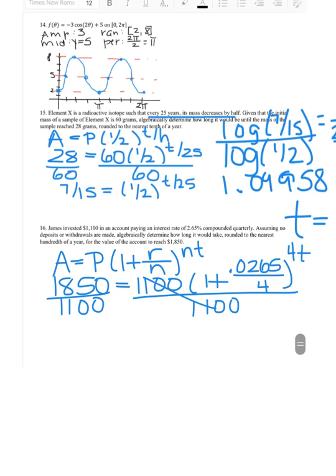This cancels. 1850 divided by 1100 gives you 37/22. Again, if you write that as a decimal, that's fine. Equals 1 plus 0.0265 over 4, raised to the 4t.